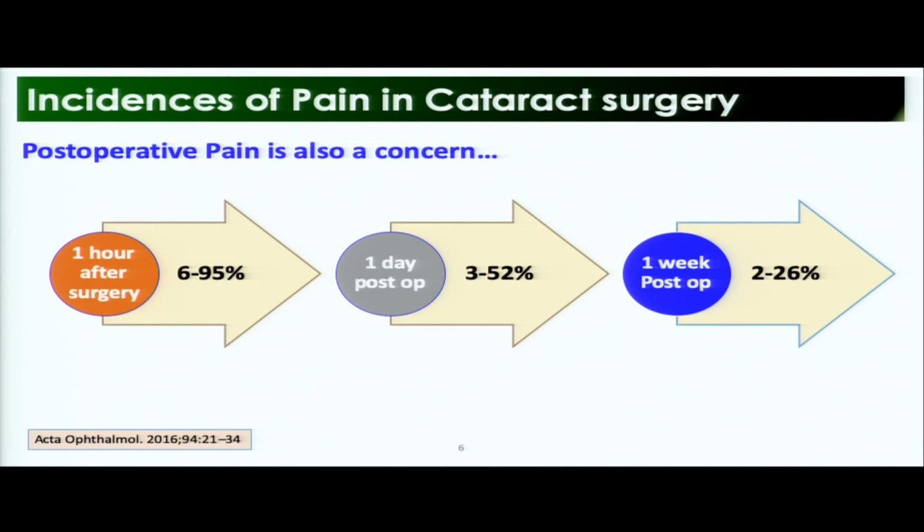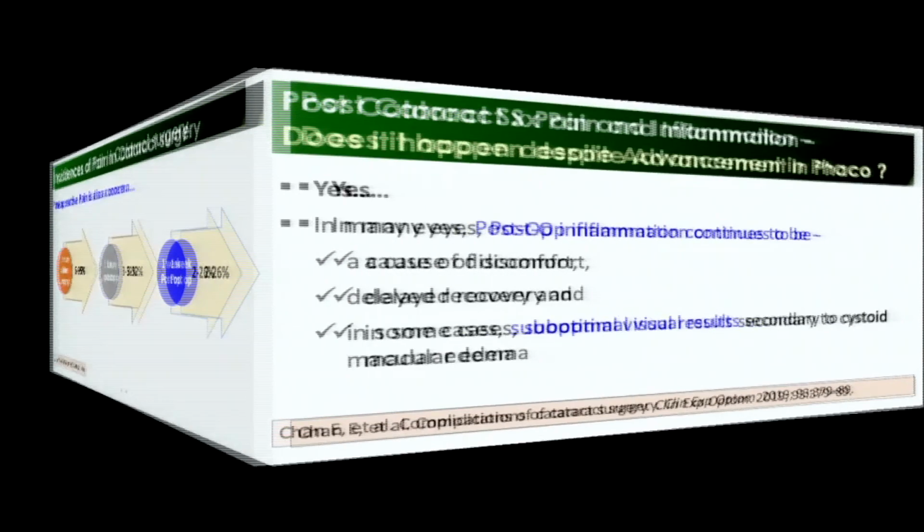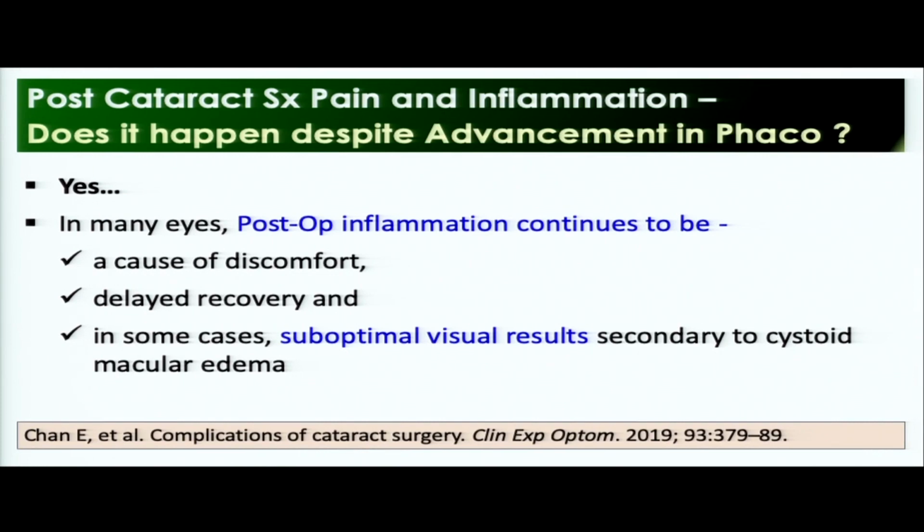If you consider pain, pain is also a concern. At 1 hour after surgery, 6 to 95% of our patients complain of pain. 1 day post-op, 3 to 52%. After 1 week, it is 2 to 26%. So post-cataract surgery, do pain and inflammation happen despite advancement in Phaco like flax surgery? Yes, it does happen.